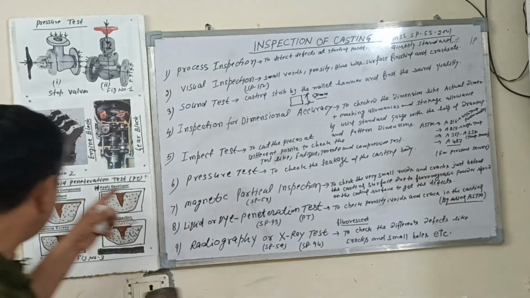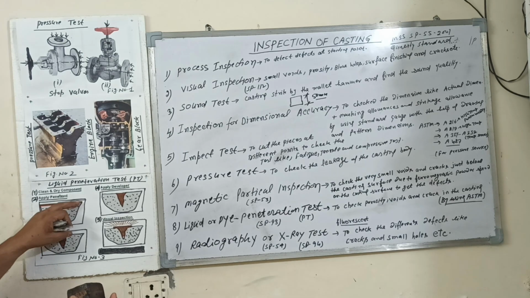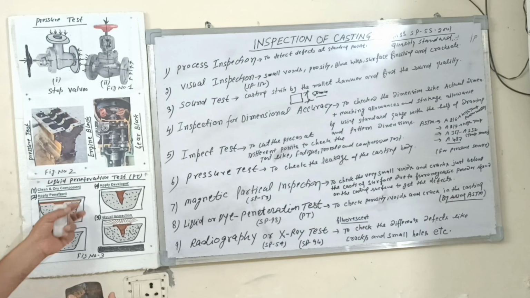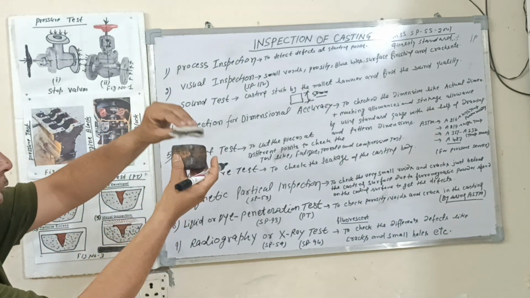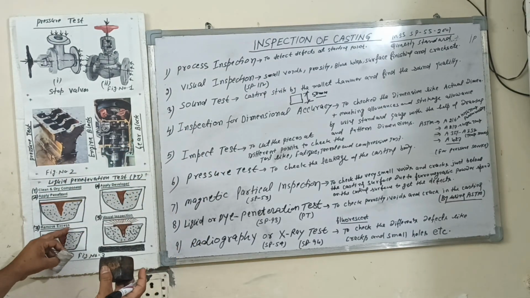So you can see this figure. This is a workpiece, and you apply the penetrant here. Second, wash like this, in only one direction, to clean it. Third, remove all excess material.